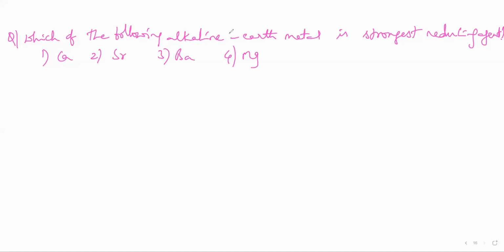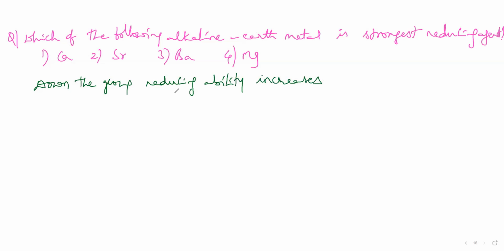I'll give you the general trend, then you tell me your answer. The question is about the strongest reducing agent. Down the group, reducing ability increases.